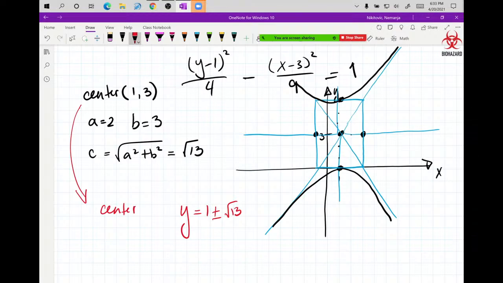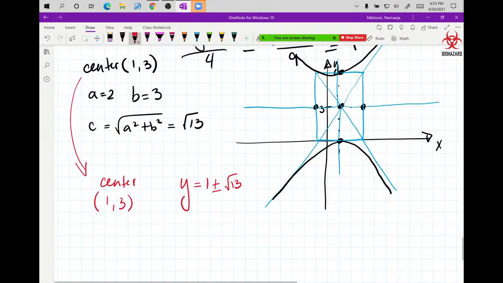Not sure why I erased this. The center is at 1, 3. So since we are starting at 3, my center is 1, 3.